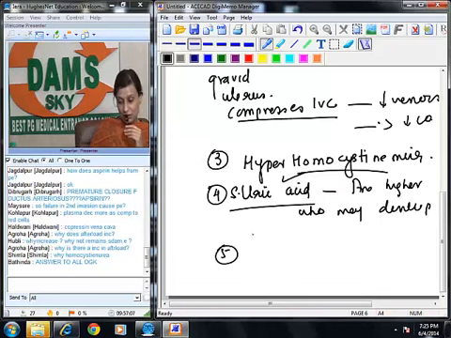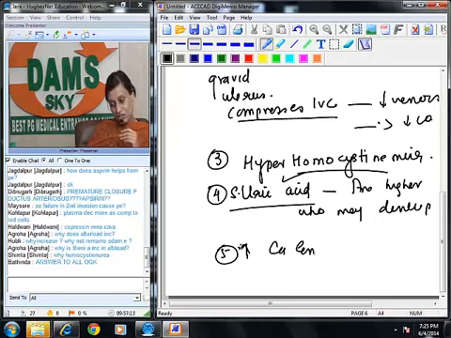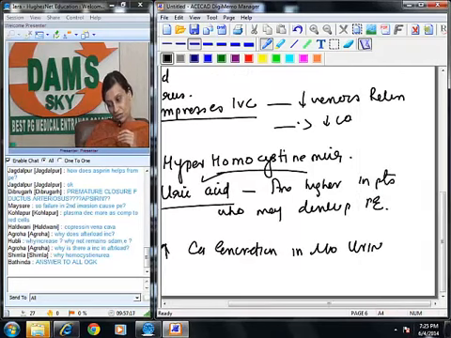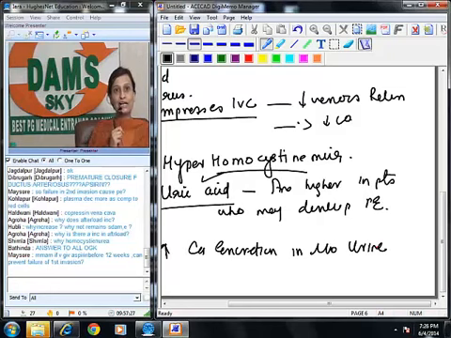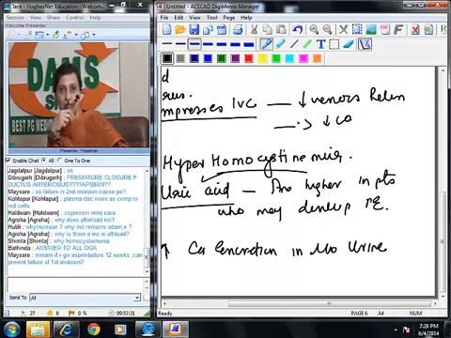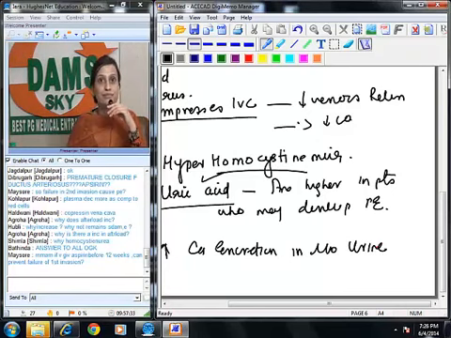Then we come to the next predictor, which is increased calcium excretion in the urine. So patients who tend to develop preeclampsia later in the pregnancy are seen to have a higher calcium excretion in the urine.